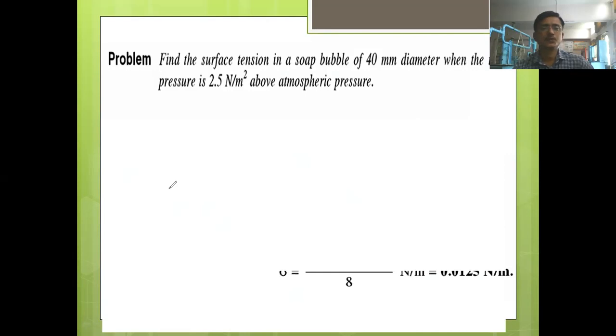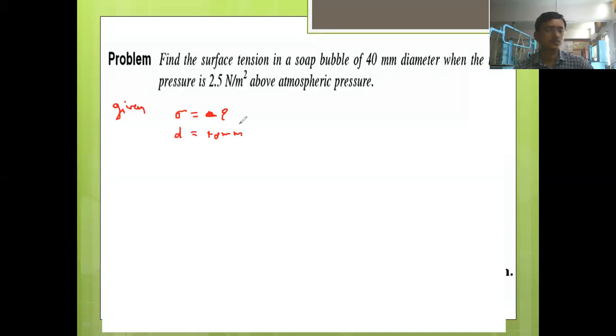Now, who will tell me how to solve this? Quite simple it is. First of all, write down the given things. Surface tension sigma is to be found. Diameter of the soap bubble is 40 mm; to convert to meters, 40 into 10 to the power minus 3 meter.